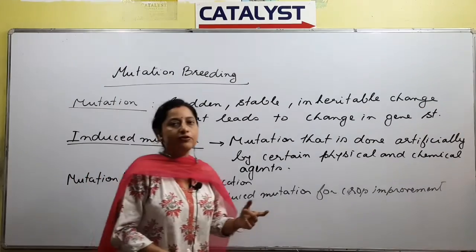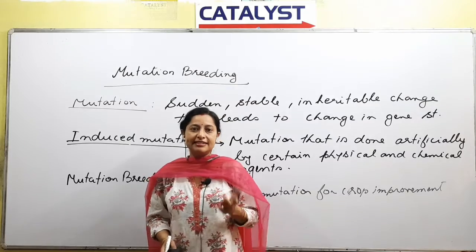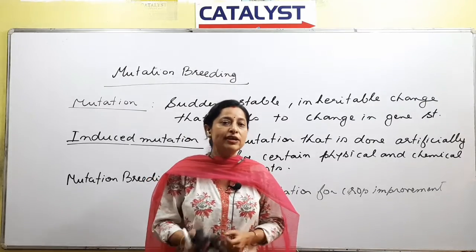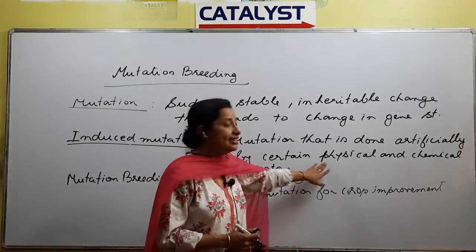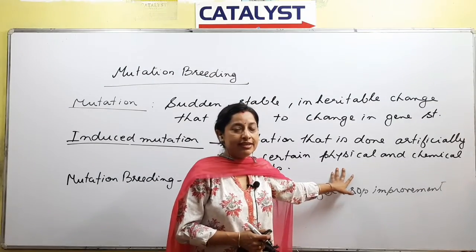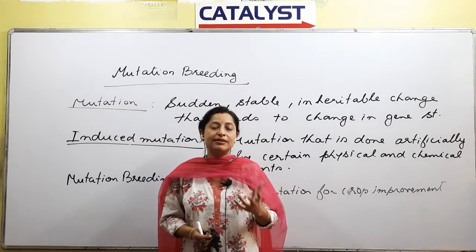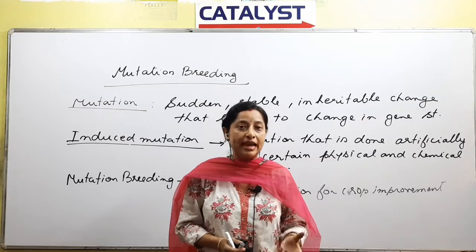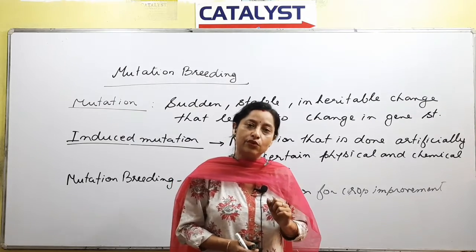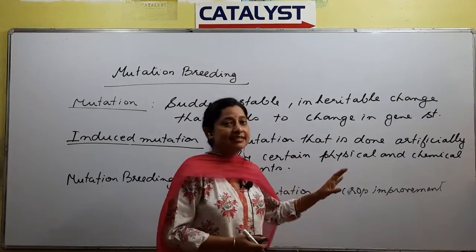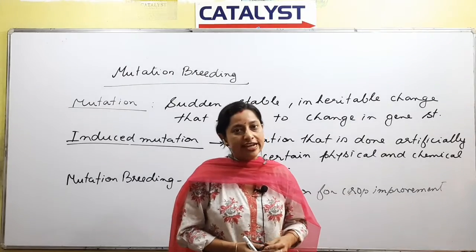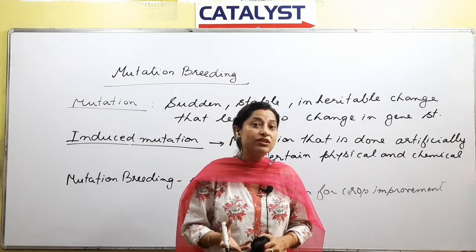Since we are talking about mutation breeding, now we know this is something that is done artificially, and while doing artificial things we will obviously need some agents of mutation, right? We will need some physical agents and some chemical agents that we can apply to the plant to cause mutation. So we will be discussing a term called mutagens. Have you heard the word mutagens?